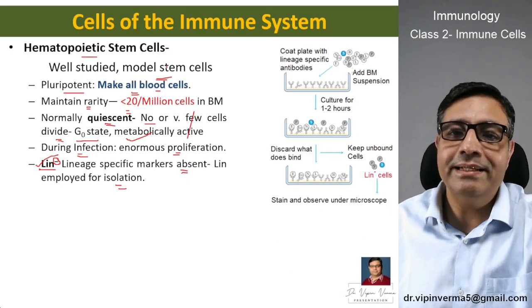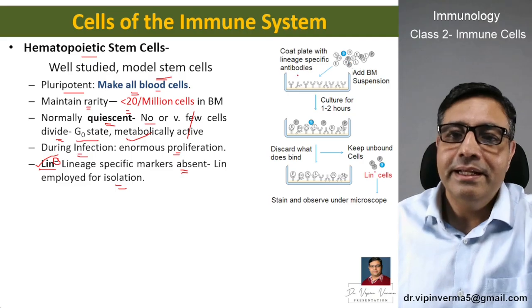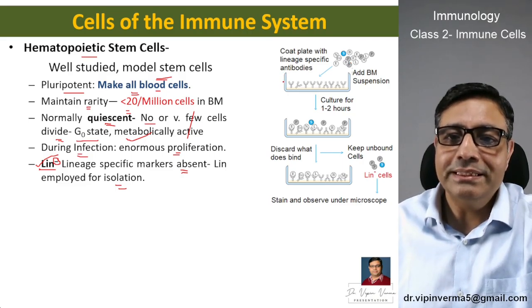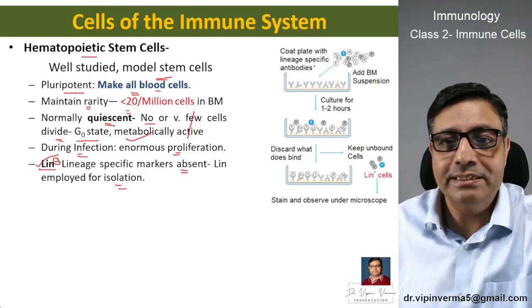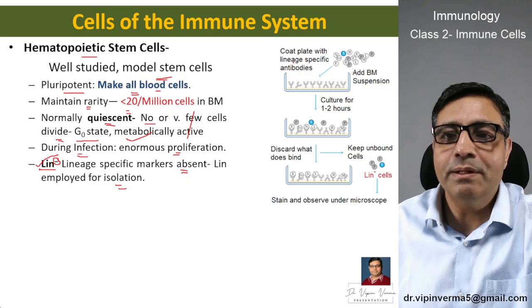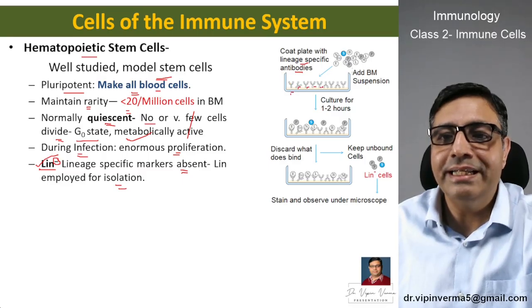Now if you see this picture here, what scientists did, they took a plastic plate, maybe a 24 well plate or 48 well plate, and then they coated the plate with lineage specific antibodies. So all the antibodies you can see here are lineage specific antibodies.